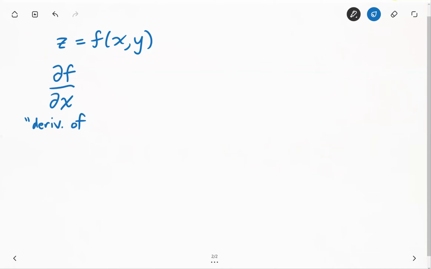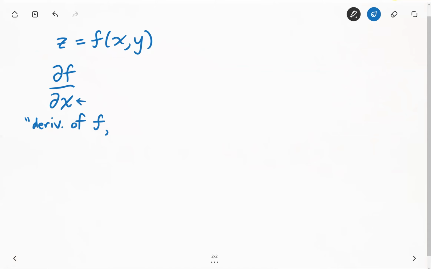And so we could say if z is equal to a two-variable function, f of x, y, we can define the derivative of f with respect to either of these two variables. And we'll often write this using kind of a curly d. We can define the derivative, that's the derivative of f, but now we have to say what variable is on the bottom here.